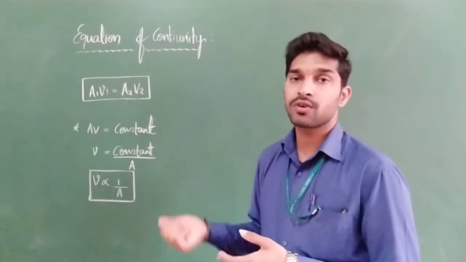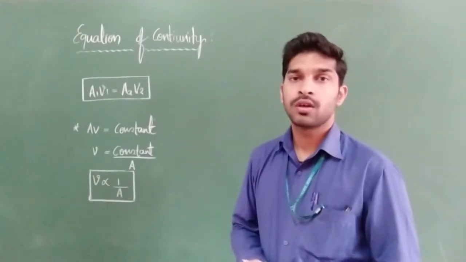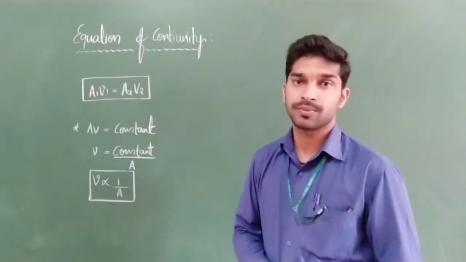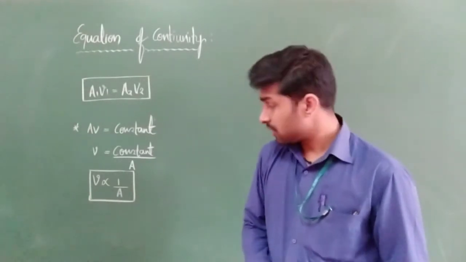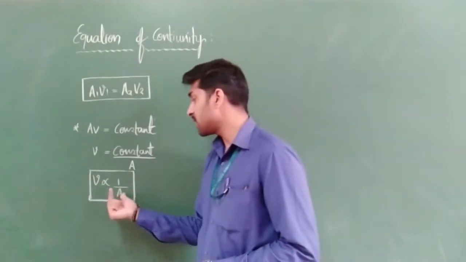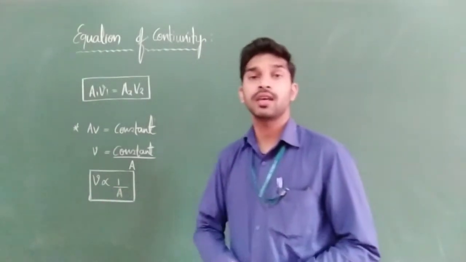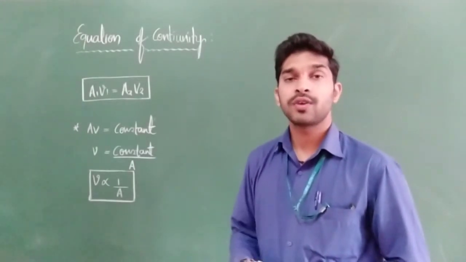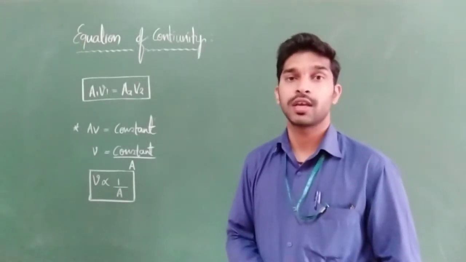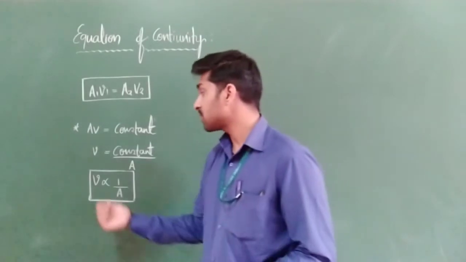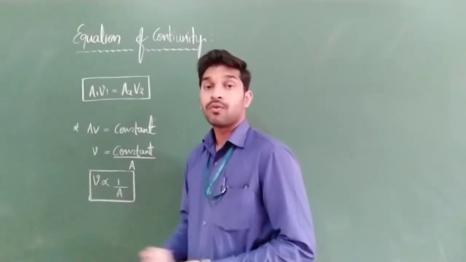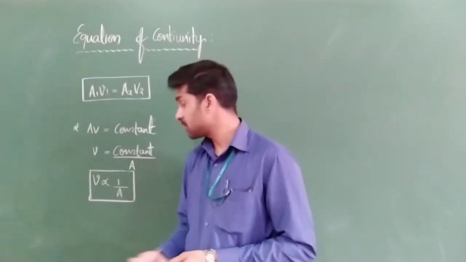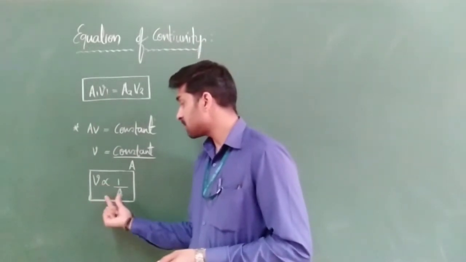If the area of cross-section is very small, what will happen to the velocity? Velocity will be maximum. Clear? On the other hand, if the cross-sectional area A is larger, what will happen to the velocity? The velocity value will decrease, because V is inversely proportional to A.